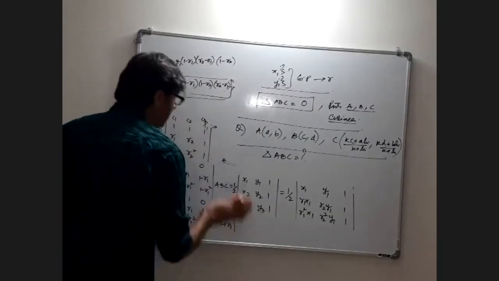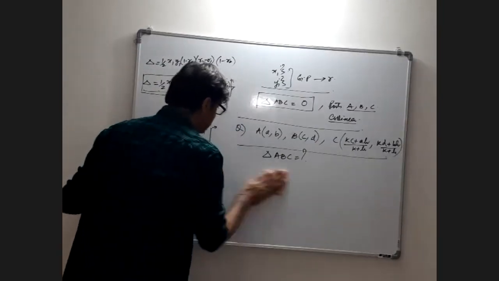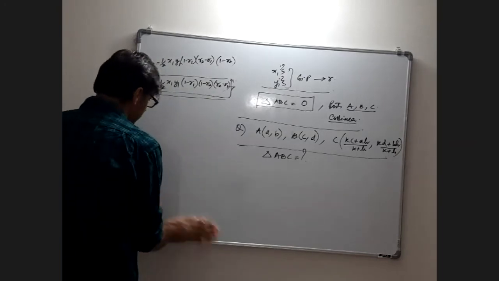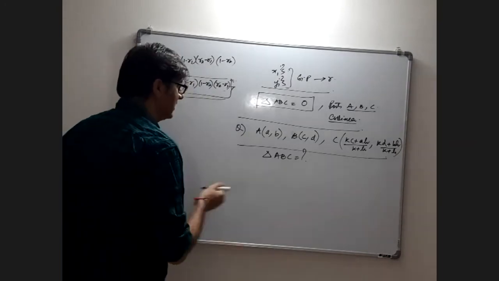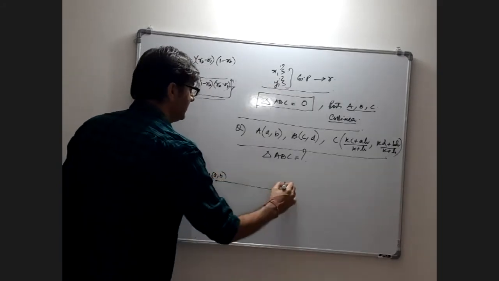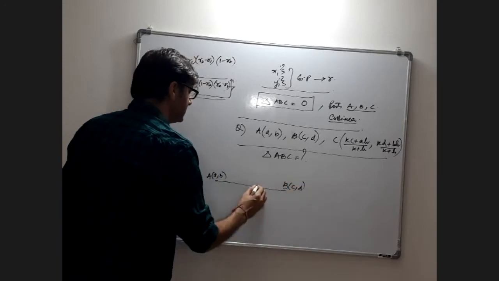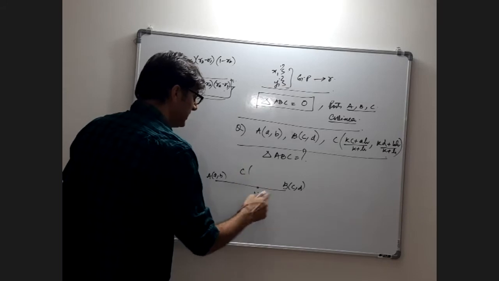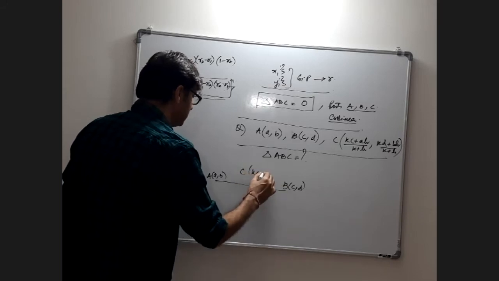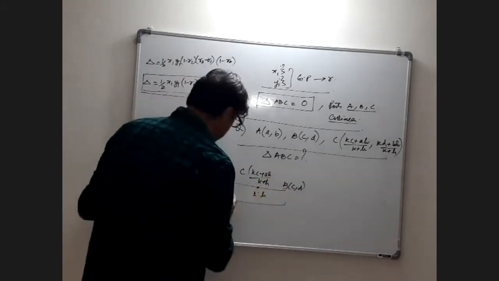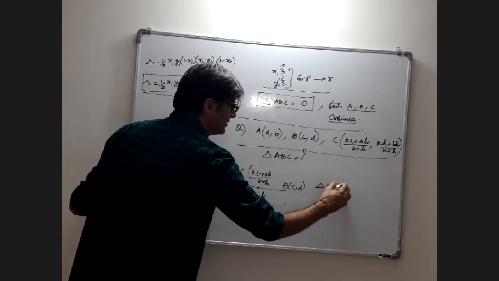Here, A has coordinates a, b, here B has coordinates c, d, and this point is C. You know that it is (kc plus ah) upon (k plus h). So this is the internal point, and therefore they are collinear. So the area will be equal to 0.